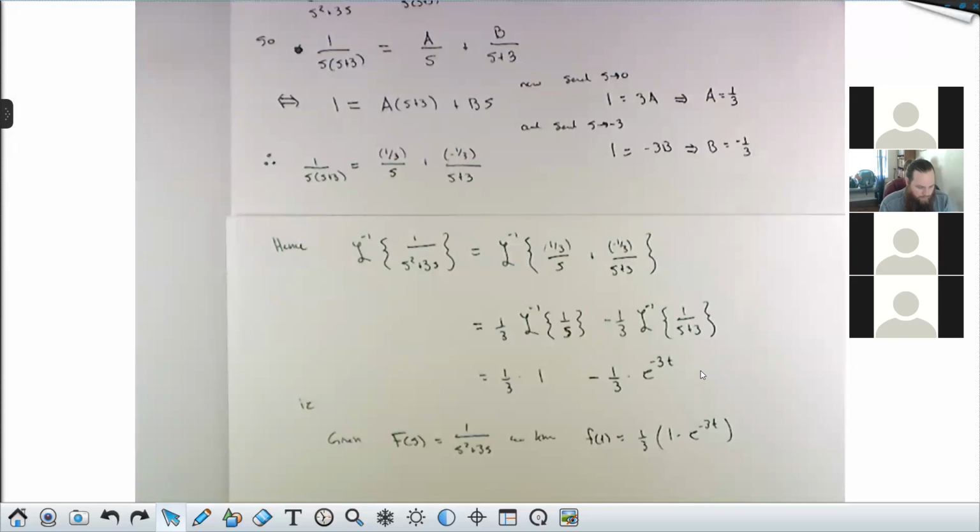The way we will use these to solve differential equations is to take the Laplace transform of both sides. On the left-hand side, we will be taking Laplace transforms of a bunch of derivatives. On the right-hand side, we will be taking the Laplace transform of your input or driver function.